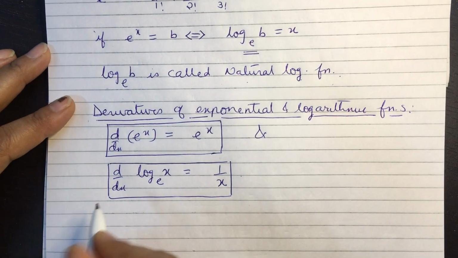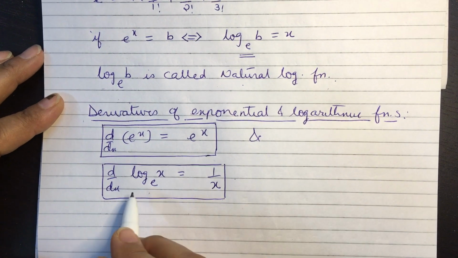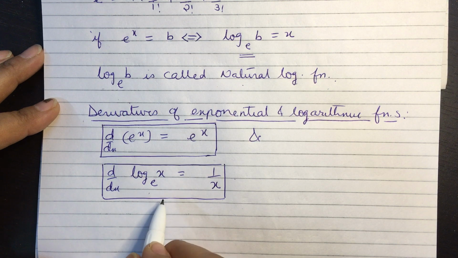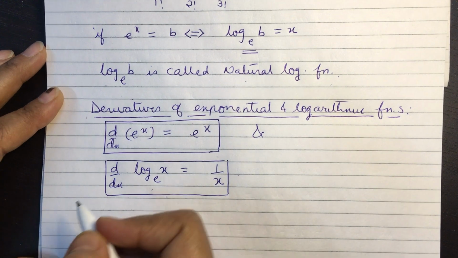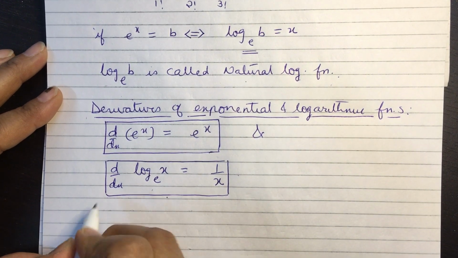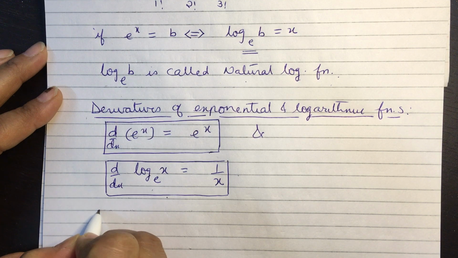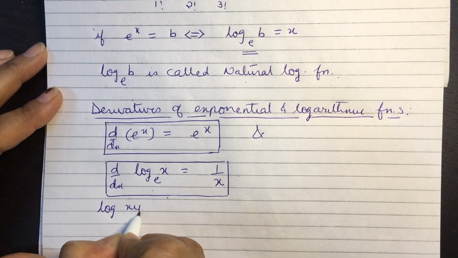Now we know that log helps us to convert a product into a sum, a quotient into a difference, and an exponent into a product. Okay, and we know we have the various laws, as suppose we have log of xy.